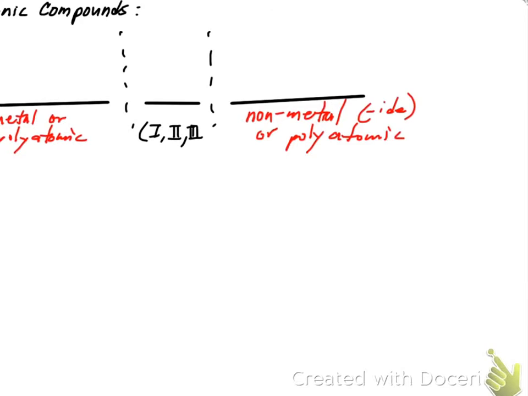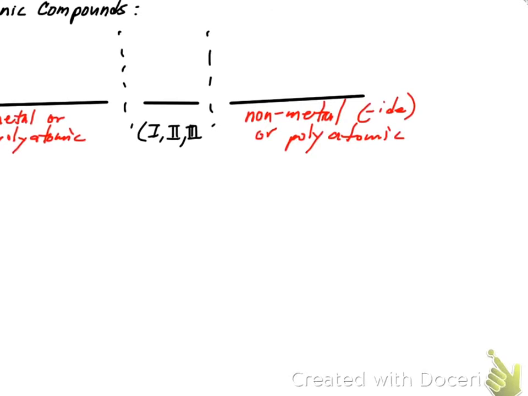Most of these have more than one typical charge for their ions, and there are 3 exceptions. One is silver, which always has a charge of 1, cadmium, which has a charge of 2, and zinc, which also has a charge of 2. So there's that middle section only for transition metals, and then the third portion would be the nonmetal with a suffix of -ide, or a polyatomic ion.